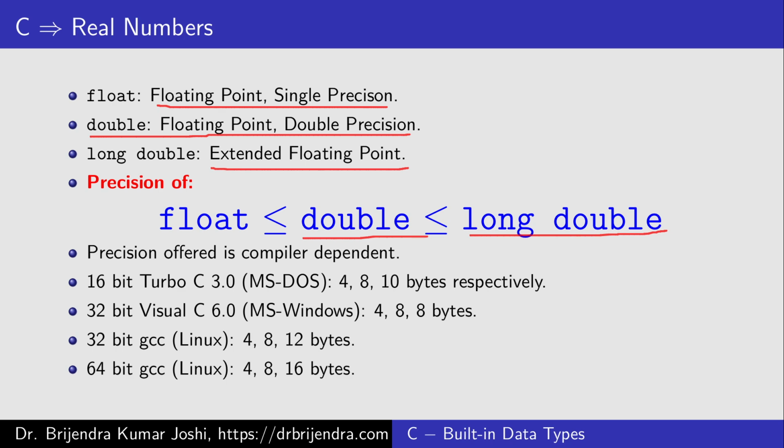Now, in case of 16-bit Turbo C 3.0, which was for MS-DOS, float is 4 bytes, double is 8 bytes, and long double is 10 bytes.